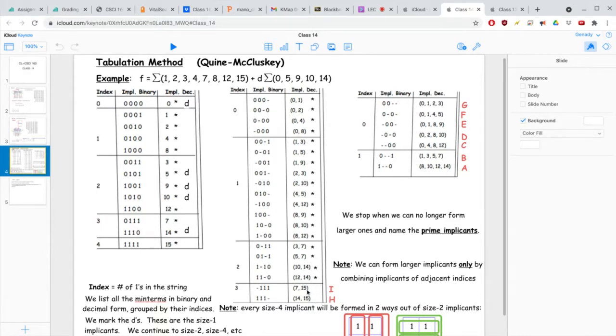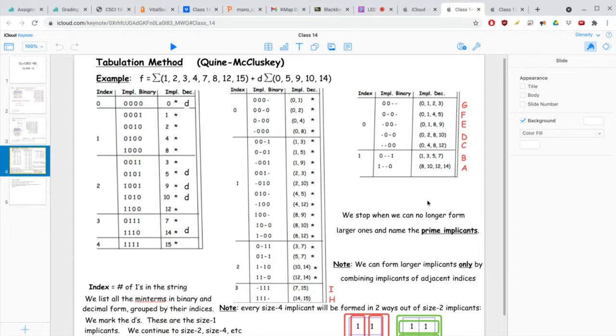Well, no, as Patrick said, they're prime implicants, right? But they're not essential, because either H or I will have to be in at least one of the minimal forms, right? Without them, 15 is not covered. So whatever other combination you choose of the prime implicants, at least one of them will need to have I, and at least one of them will need to have H. So they're prime, but not essential.